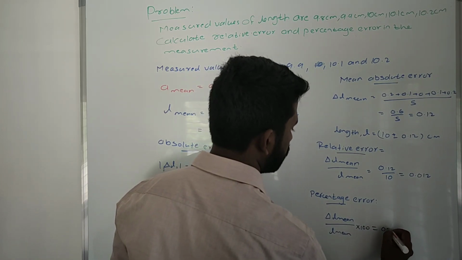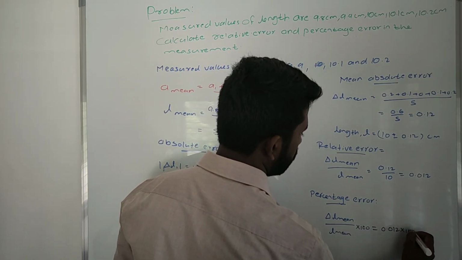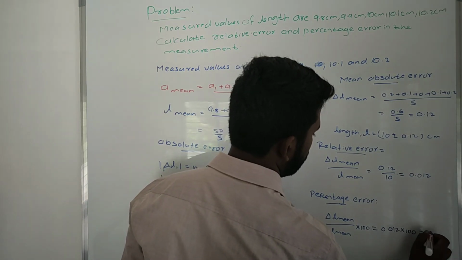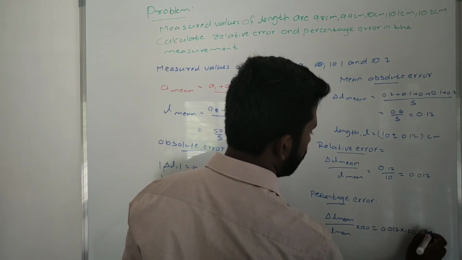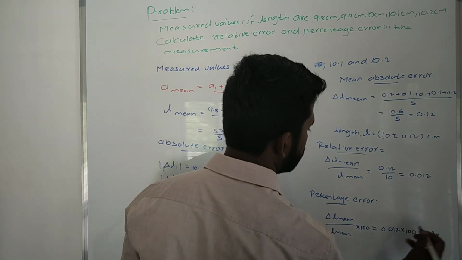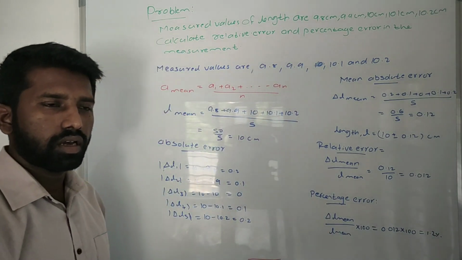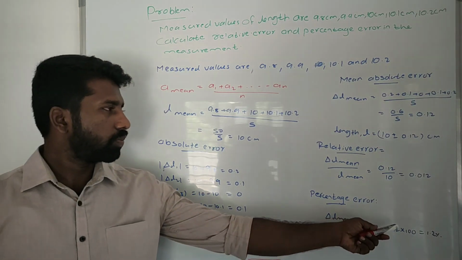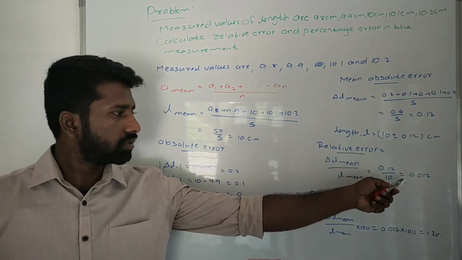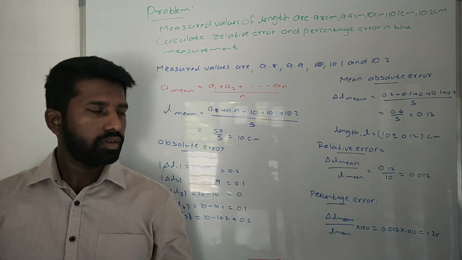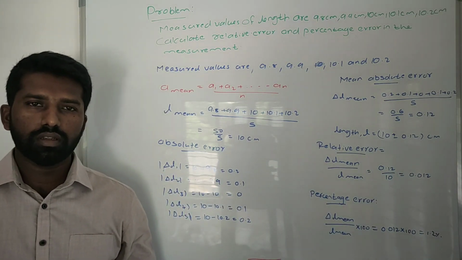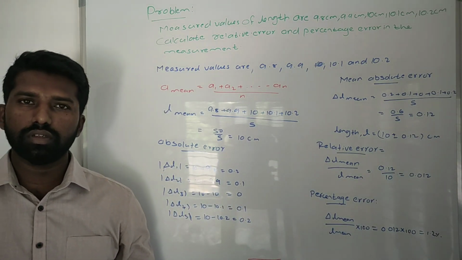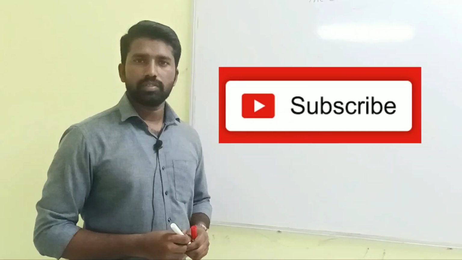The relative error is 0.012, into 100, so you will get 1.2%. So this is the answer for this problem. The percentage error is 1.2% and the relative error is 0.012. Clear? This is the way we can solve this error problem.